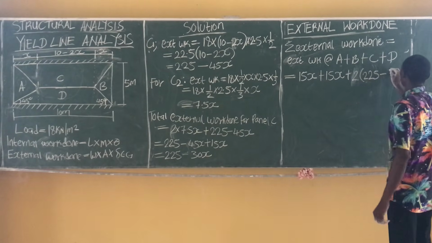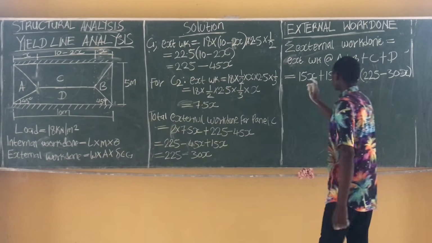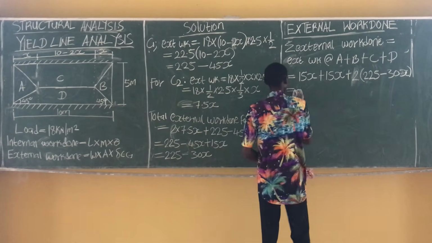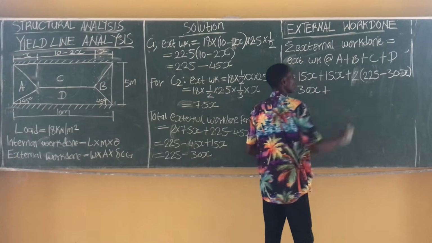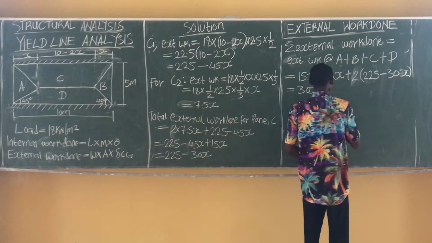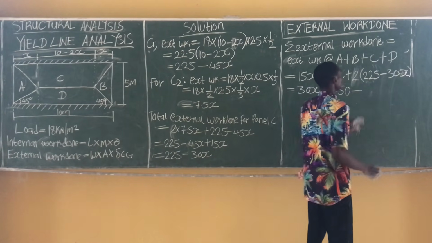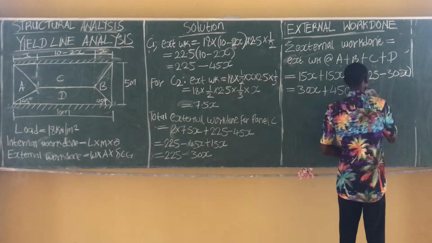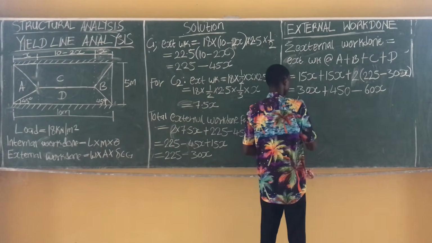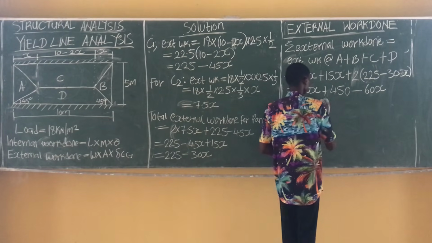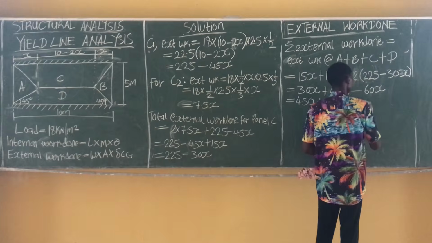So I'll put that into B plus 2 times 225 minus 30x. Alright, so 15x plus 15x will give us 30x plus 2 times 225 will give us 450 minus 2 times 30 will give us 60x. Okay, so we have this to be equal to 450 plus 30x minus 60x.